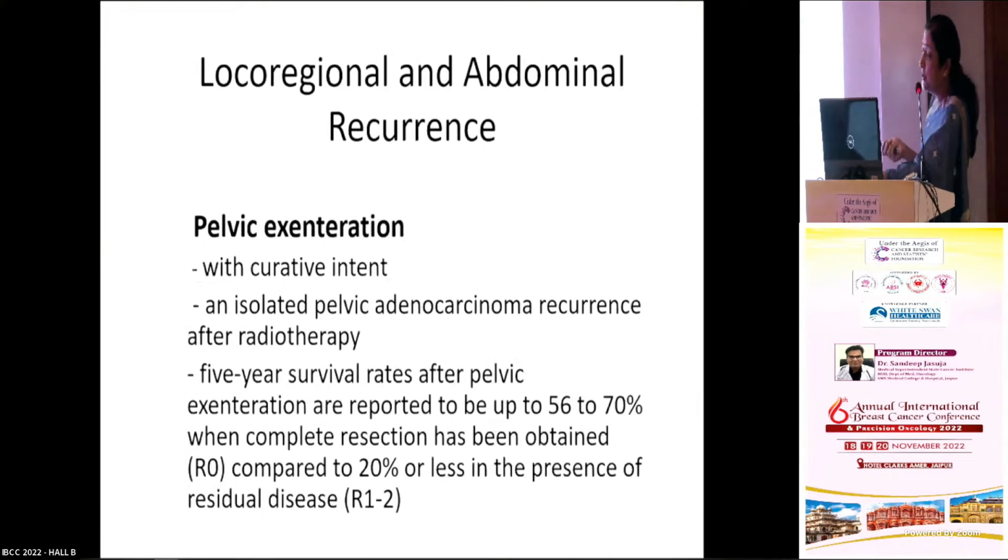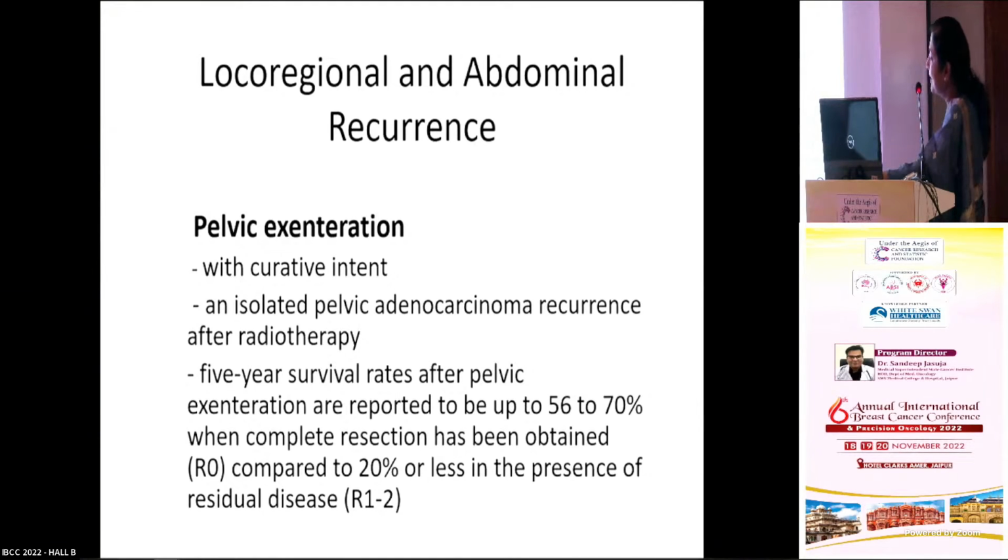When there is locoregional and abdominal recurrence, the norm earlier as far as surgery was concerned was pelvic exenteration with curative intent. But there has to be an isolated pelvic adenocarcinoma recurrence after radiotherapy for pelvic exenteration. 5-year survival rates after pelvic exenteration in various studies were reported to be 56 to 70% with R0 resection.